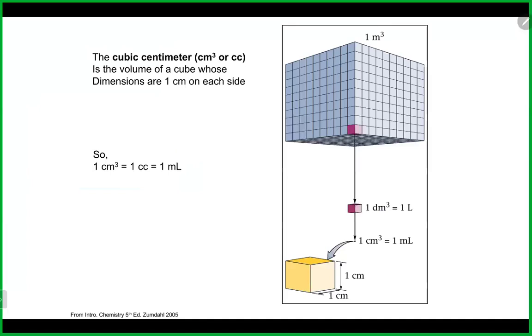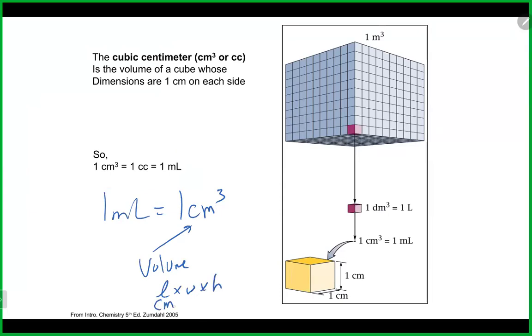We also talked about, I think earlier on, just a reminder that if you take 3 length measurements of something like a cube, it will give you the volume of it, and that is in cubic centimeters. So 1 milliliter is equal to 1 cubic centimeter. Again, that is a volume, and it's achieved usually by taking the length times the width times the height.